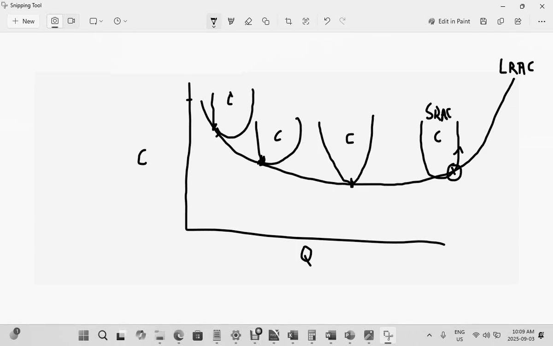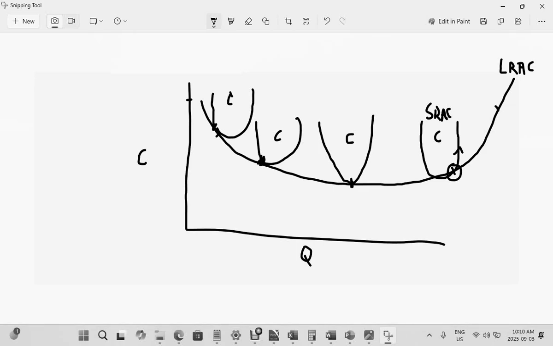And if they do break down, your maintenance costs will go up, which means your overall operating expenses will go up. As a result, your short range average cost curve will look something like this, where the cost of production is going up.